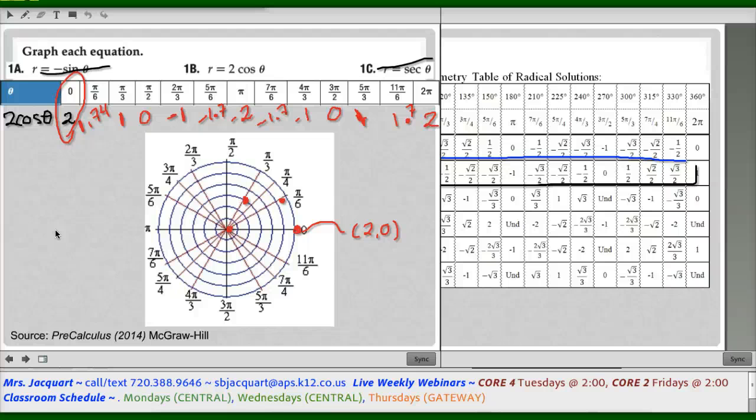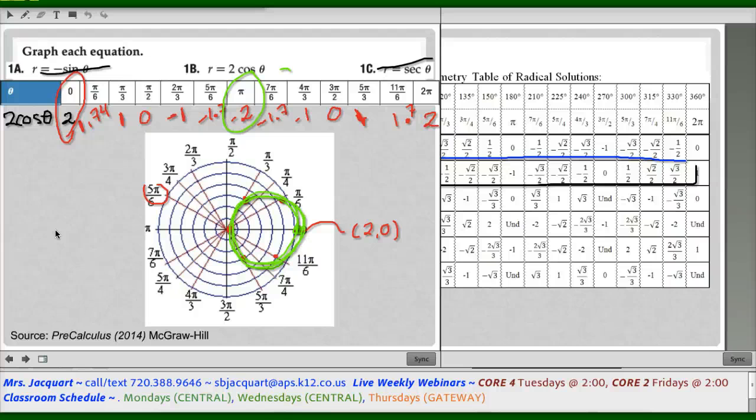And then we're going to go to 2pi/3, -1. So that's over here. And then 5pi/6, -1.7 over there. And then pi, we're going to go to -2. So this one here is the same point. And we're just going to find out that we're right there.